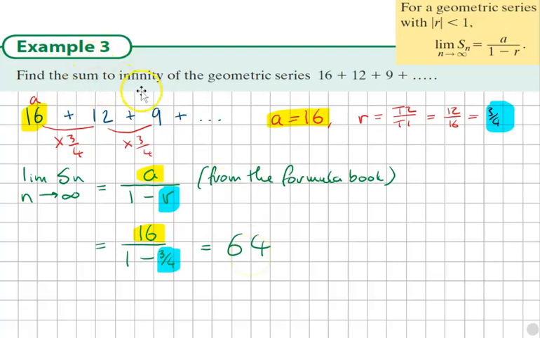So the sum to infinity of the geometric series 16 plus 12 plus 9 plus ... is equal to 64. So this series is tending to 64. It's getting closer and closer to 64, but it doesn't actually get to 64. So as n approaches infinity, the closer and closer the sum will get to 64.